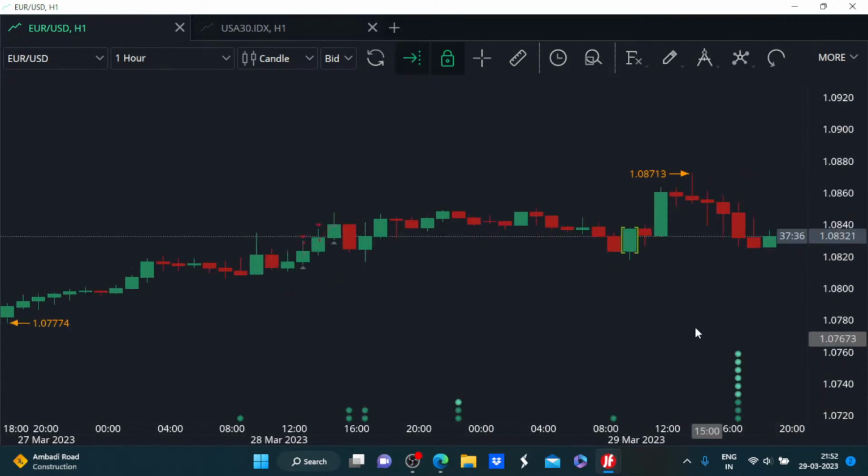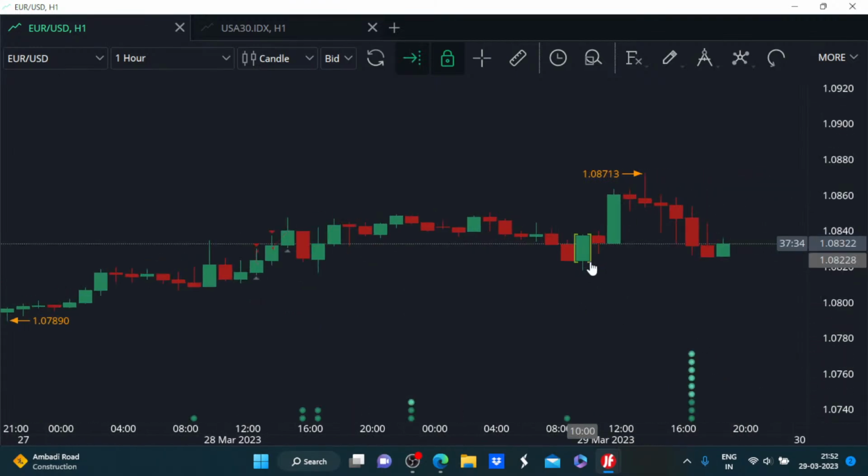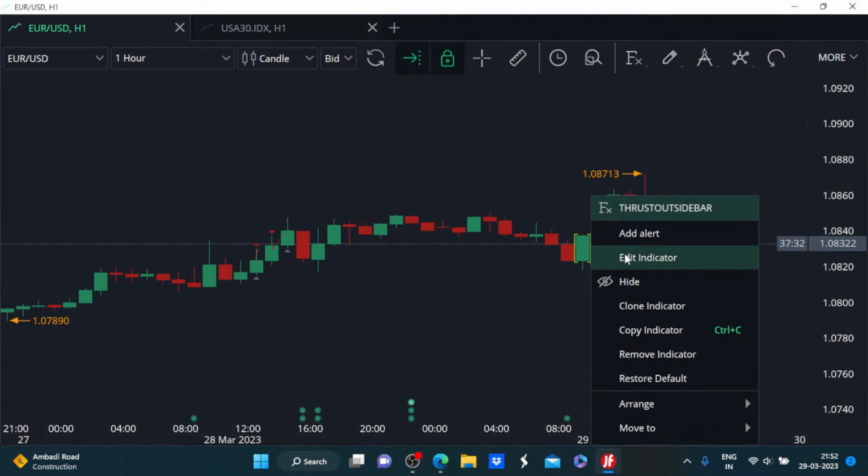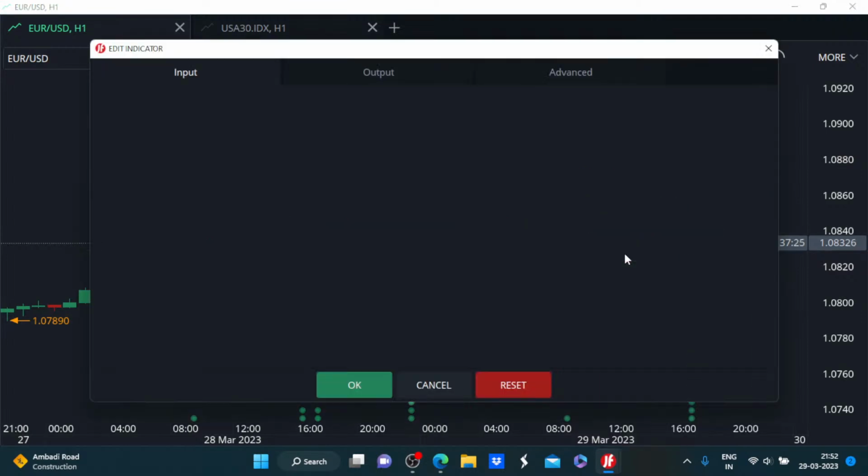Now let us see what we can do in terms of editing this price formation. So we go to this edit option. There is nothing we can do in terms of the input, because it is going to simply take into consideration these two consecutive bars of diametrically opposite price formation, and with that we will have the thrust outside bar formation taking shape on the chart.